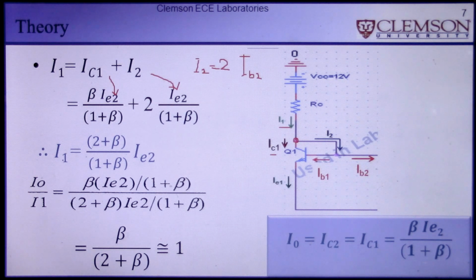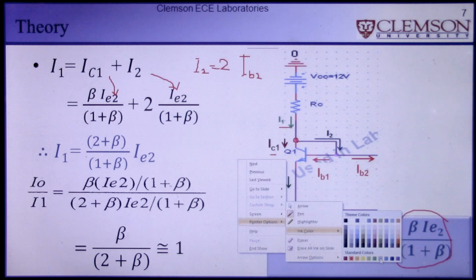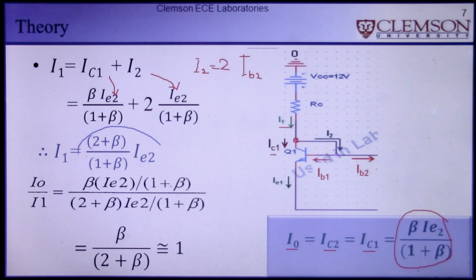Now what's the relation between the I1 and I output? Just as I said, I output is IC2 and IC1, which is this. We use this expression here also. So we can just divide that I output with I1. So we are essentially dividing this term with this term.